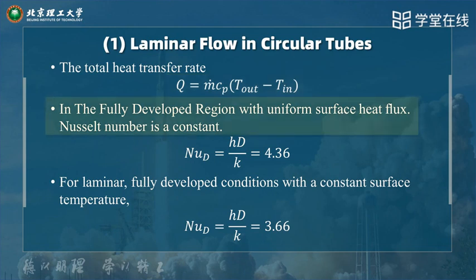In the fully developed region with uniform surface heat flux, Nusselt number is a constant, we know, 4.36. Here is for uniform heat flux. For laminar flow, fully developed conditions with a constant surface temperature, in this case Nusselt number equals 3.66. It's very simple. It's a constant.